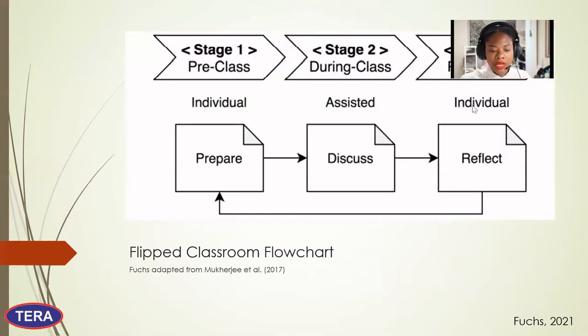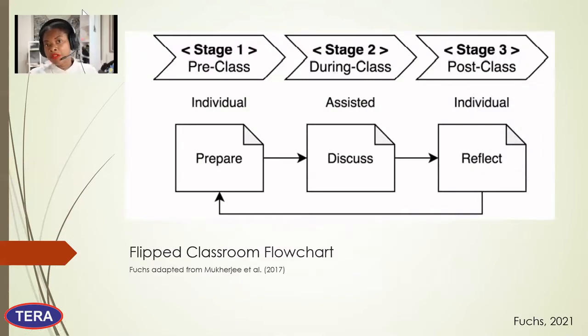So here is the flow chart of the flipped classroom model. Okay, so stage 1, stage 2, and stage 3. Stage 1 is the pre-class, where the student prepares whatever you've assigned to them. Stage 2 is during class, and this is assisted, where the teacher assists the student in the work that was prepared for the class.